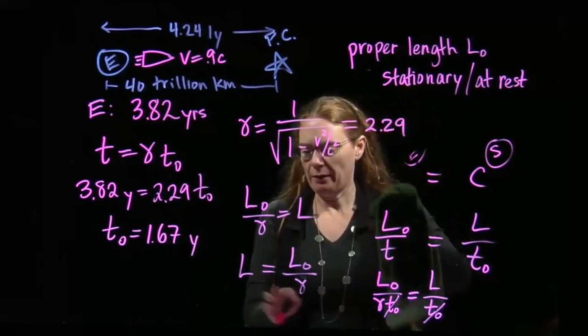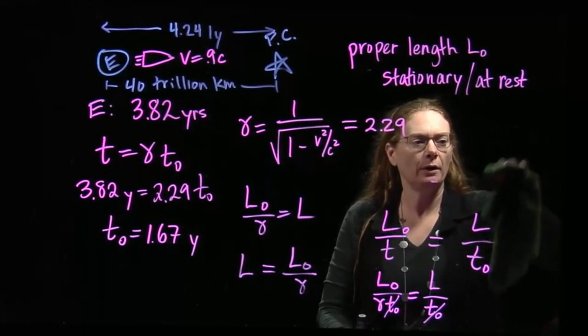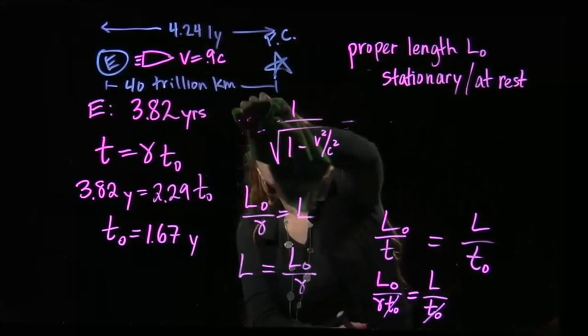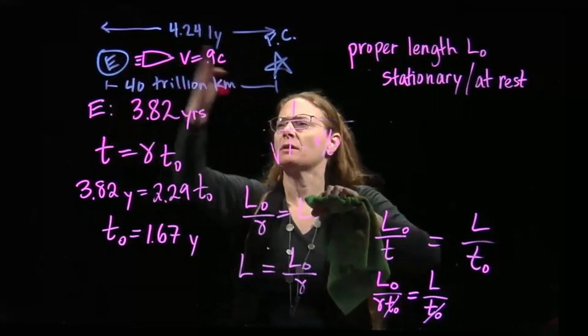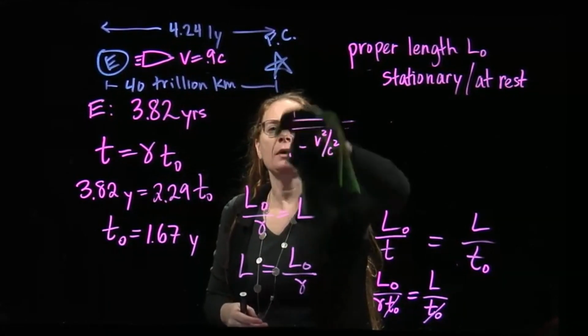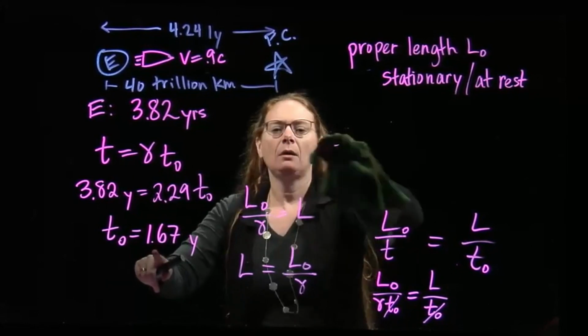So if we have this relationship and we want to know the length of the trip, the distance between Earth and Proxima Centauri for a person in the spaceship, we know it only takes them 1 2/3 years to travel.